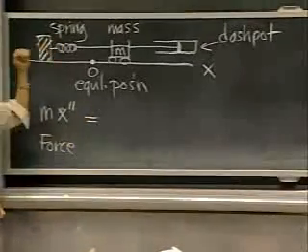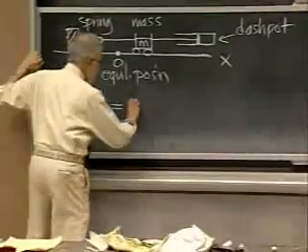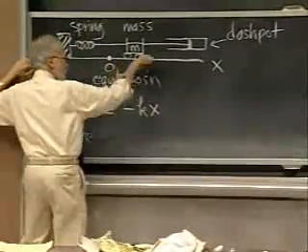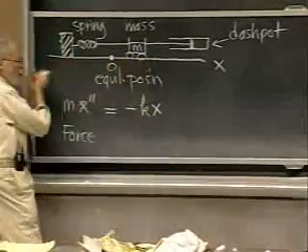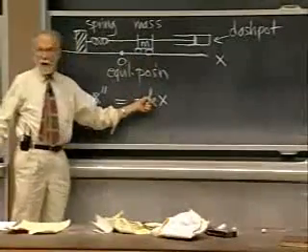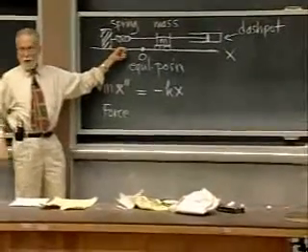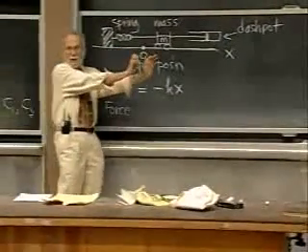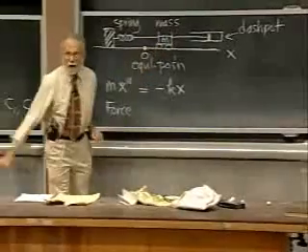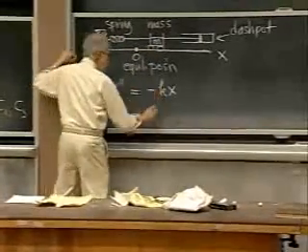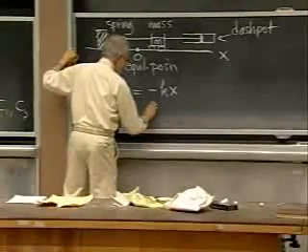Well, there's the spring pushing and pulling on it. That force is opposed. If x gets to be beyond 0, then the spring tries to pull it back. If it gets to the left of 0, if x gets to be negative, then that spring force is pushing it this way, wants to get rid of the mass. So it should be minus kx, and this is from the spring.